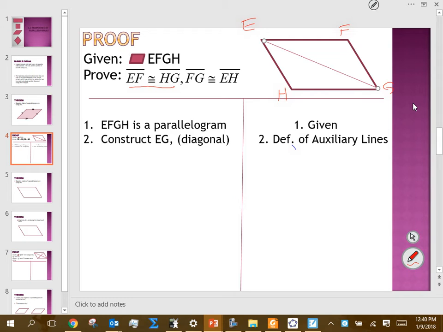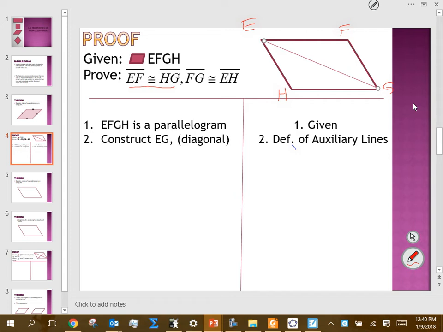But then I've exhausted everything I know about parallelograms, right? So what I have to do is start being able to maybe use other shapes that I know stuff about. Well, the only way I can develop other shapes that I know stuff about is to draw that diagonal. Once I draw that diagonal, now it opens the door to triangles, right? We know a lot about triangles. So it allows the ball to kind of keep rolling with our proof if we draw in that auxiliary line.